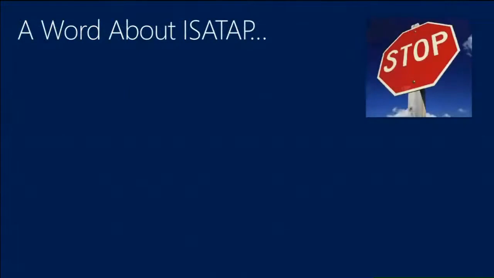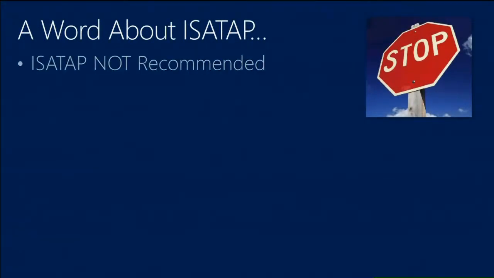So before we continue, one of the things that I like to do is talk a little bit about ISATAP in more detail, because as good as ISATAP might sound, it's quite problematic, and we actually recommend that you don't deploy this. From experience, when we used to deploy direct access with Server 2008 R2 and even with Forefront UAG, the standard operating procedure was install ISATAP router.